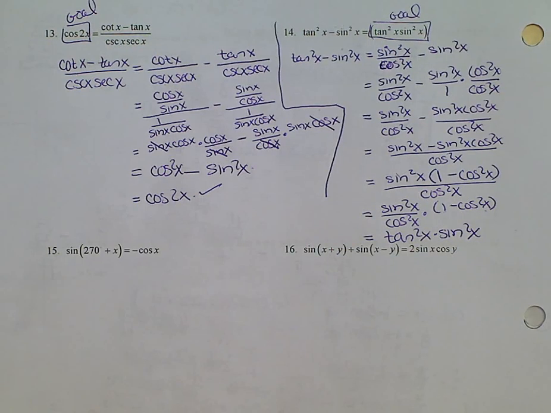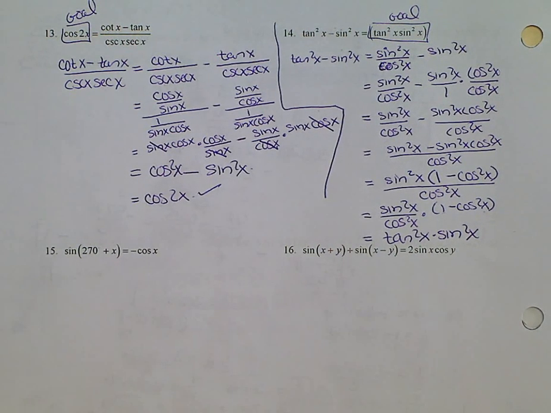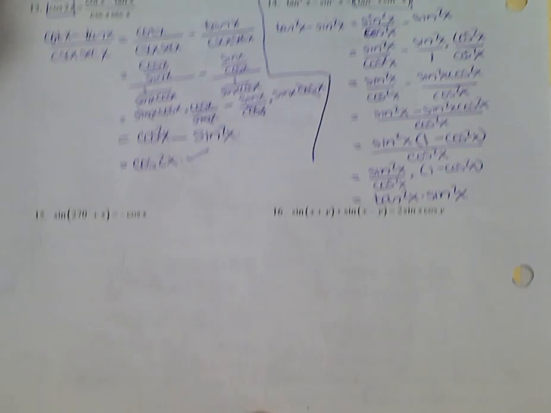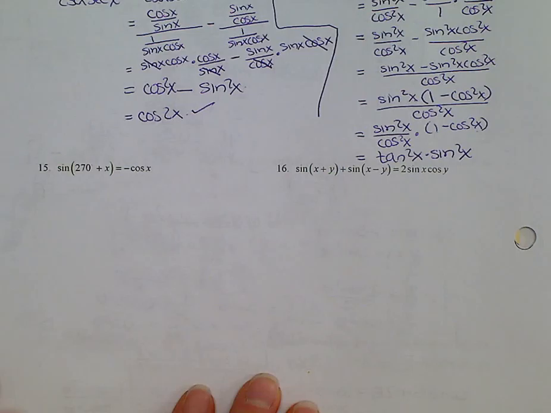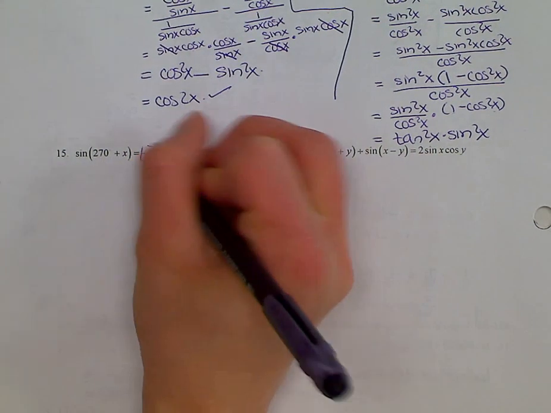15 and 16. Personally, I think the ones that involve the sum and difference identities are easier verifications. All you need to know is that one identity, apply it, and start simplifying. So I know that I could rewrite this using that identity. So I'm going to make negative cosine of x my goal.